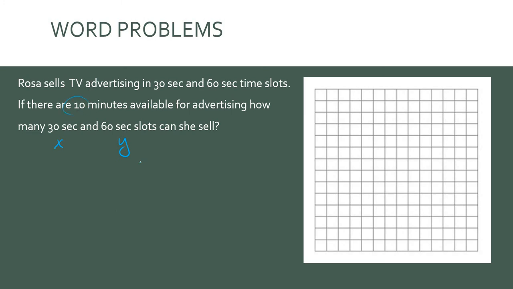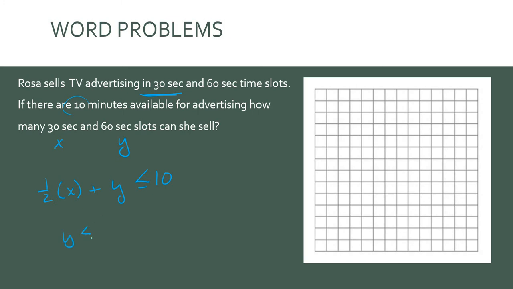All I have is 10 minutes, so whatever I sell has to be less than or equal to 10. The 30-second slots is only half of 1 minute, right? So half times the number of 30-second slots plus the number of 60-second slots should give me 10 minutes.